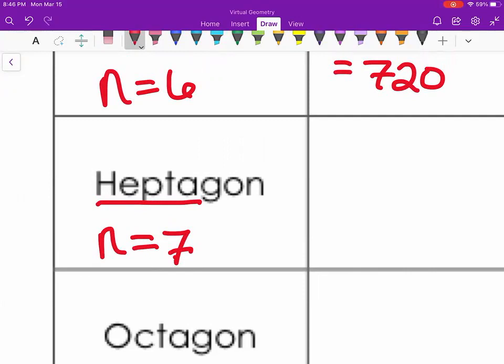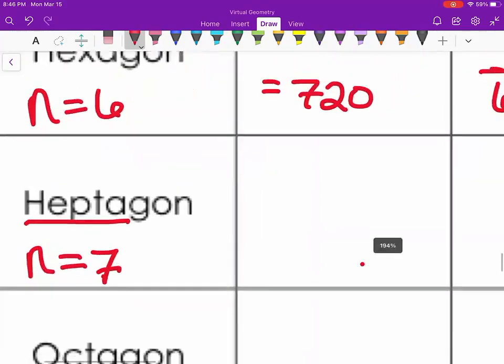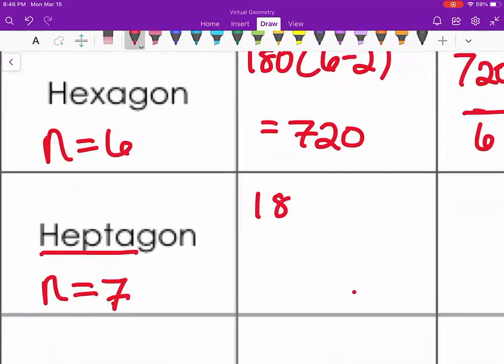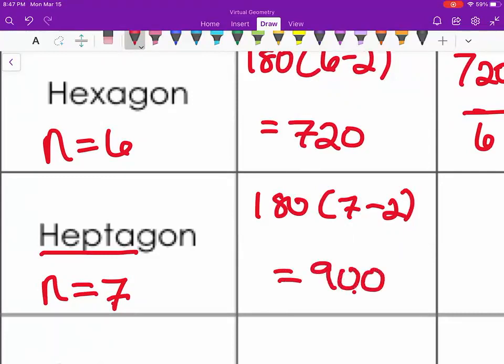Again, to get the interior, we'll do our same formula. 180 times 7 minus 2 means that it has a total of 900.